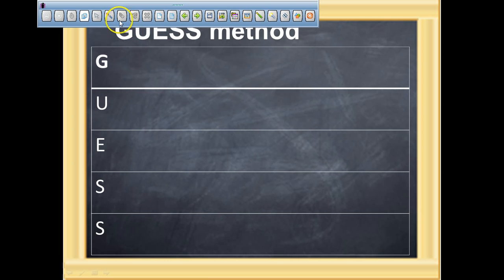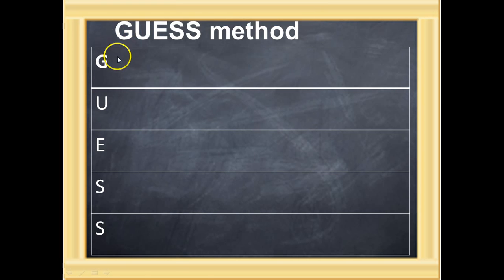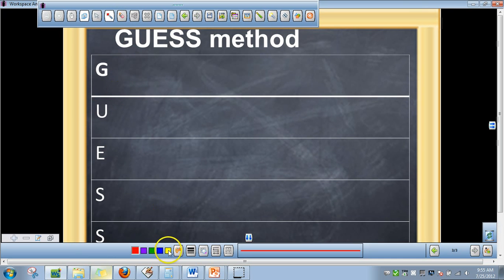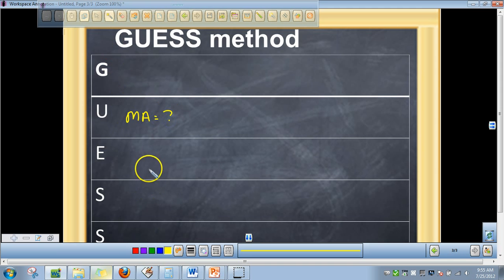Let's see if we can put that into a guess format. We know we're looking for mechanical advantage. We know the mechanical advantage, if we're using forces, is FO divided by FI, which is the same as resistance force divided by effort force.